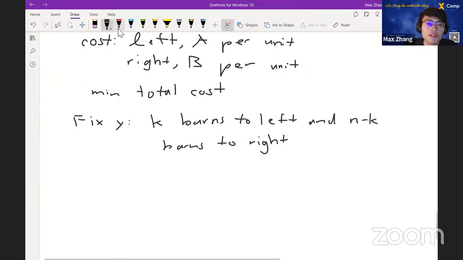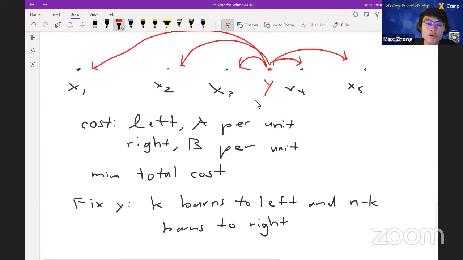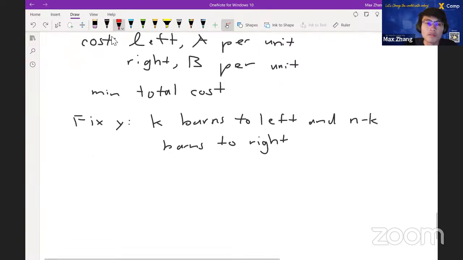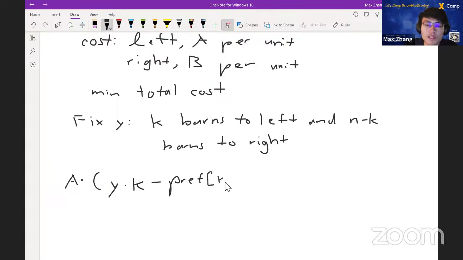And the cost is going to be, for all the ones on the left, y minus the x coordinate, multiplied by a. Writing it more succinctly, if I pre-compute prefix sums, it's going to be a times y times k minus the prefix sum of the first k barns, right?